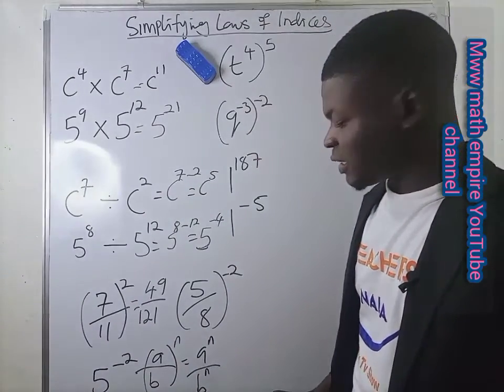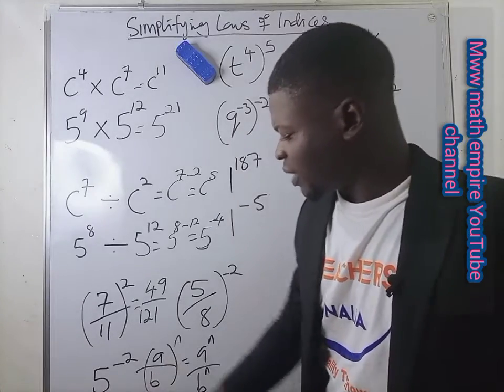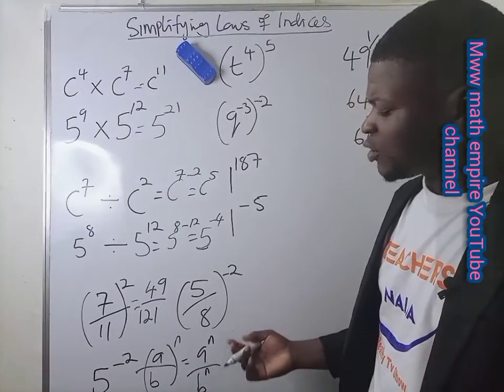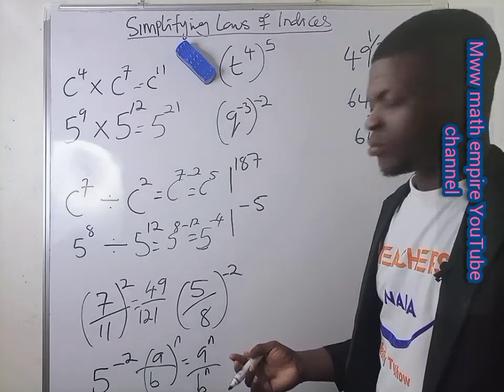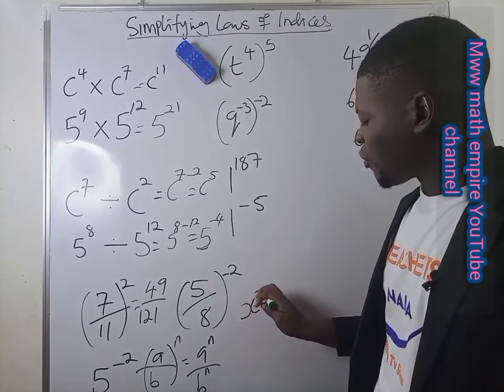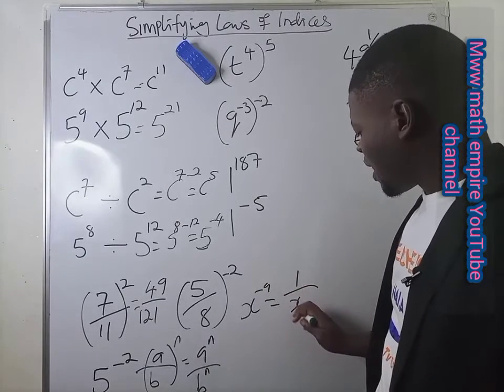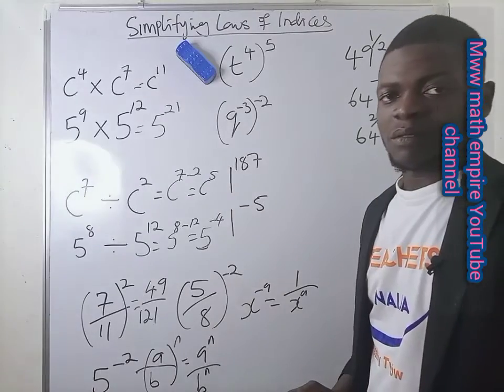Then coming to this, the inverse. If you encounter this kind of thing, 5 raised to the power of minus 2. That is why in law of indices, when we have x raised to the power of minus a, it will be giving us 1 all over x raised to the power of a.